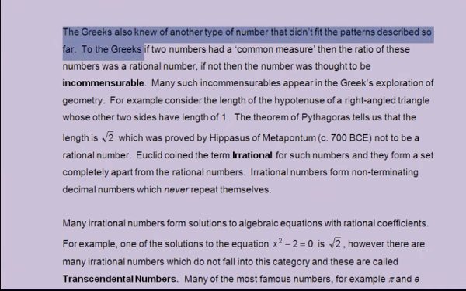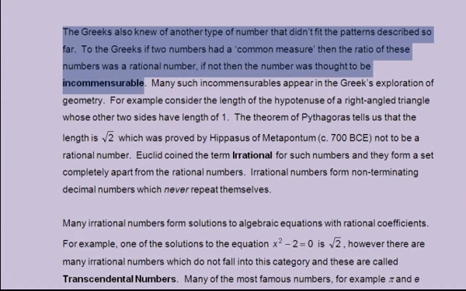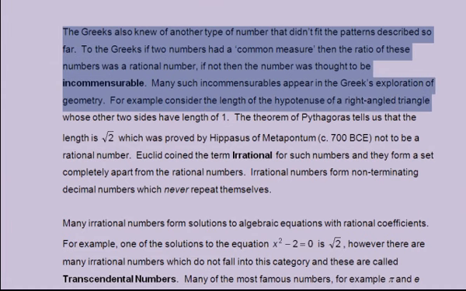The Greeks also knew of another type of number that didn't fit the patterns described so far. To the Greeks, if two numbers had a common measure, then the ratio of these numbers was a rational number. If not, then the number was thought to be incommensurable. Many such incommensurables appear in the Greeks' exploration of geometry. For example, consider the length of the hypotenuse of a right-angled triangle whose other two sides have a length of 1.